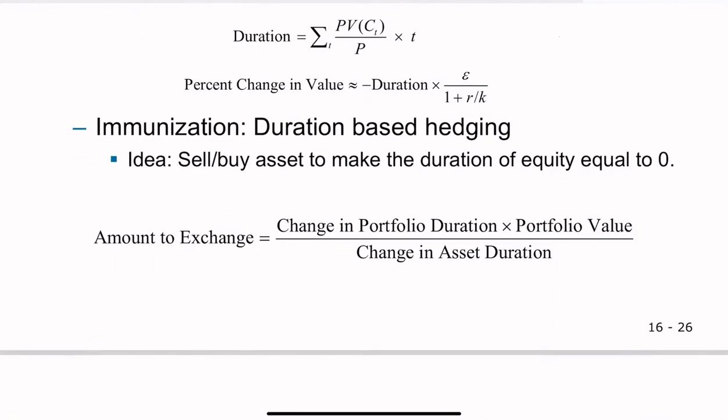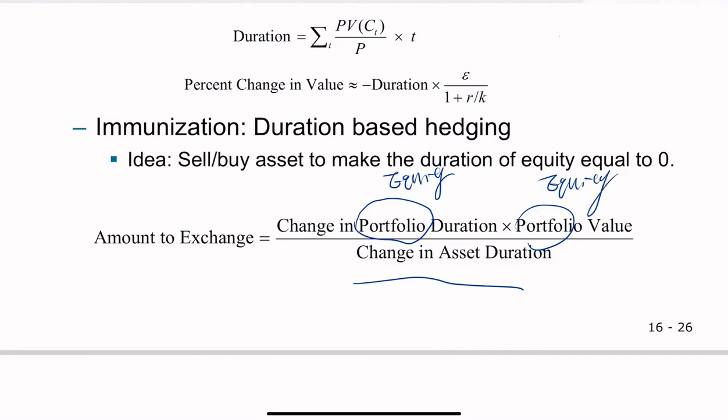And we also have a formula which tells you the amount of assets you want to sell or purchase in order to immunize the equity against interest rate risk. As I said, this is a confusing formula because the notation here is not exactly right. In our case, this portfolio refers to equity.